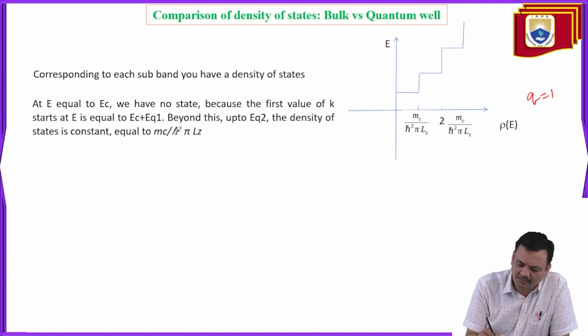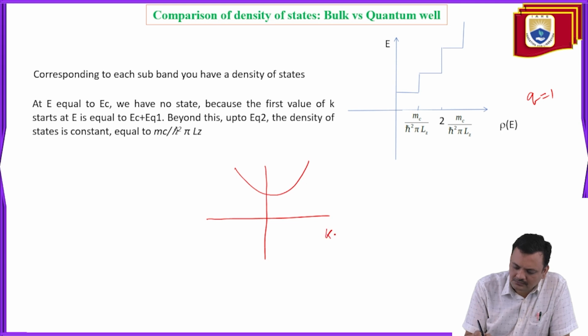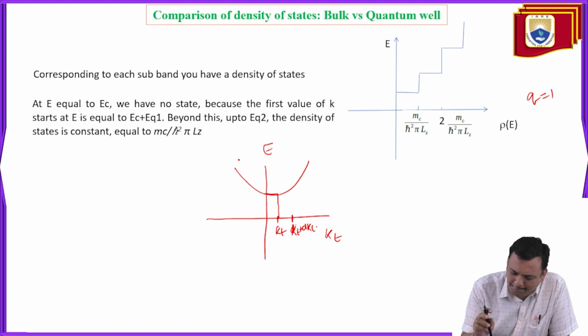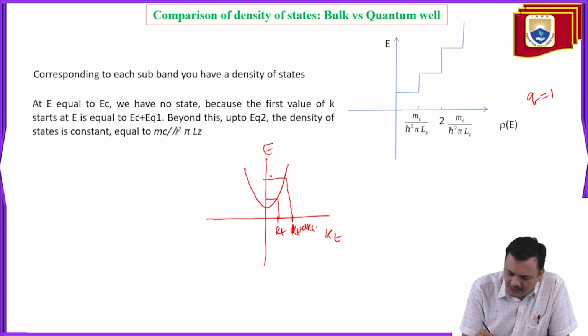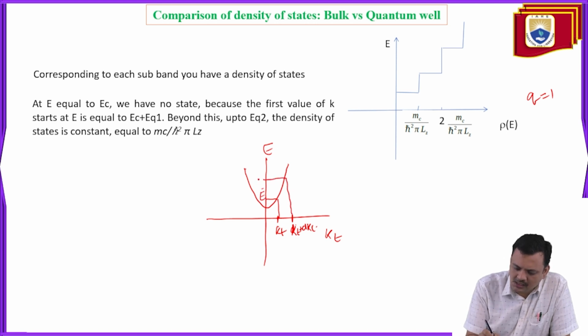How many energy states are available? Let's suppose this is kT, this is kT plus dkT, and correspondingly this is E and this is E plus dE.